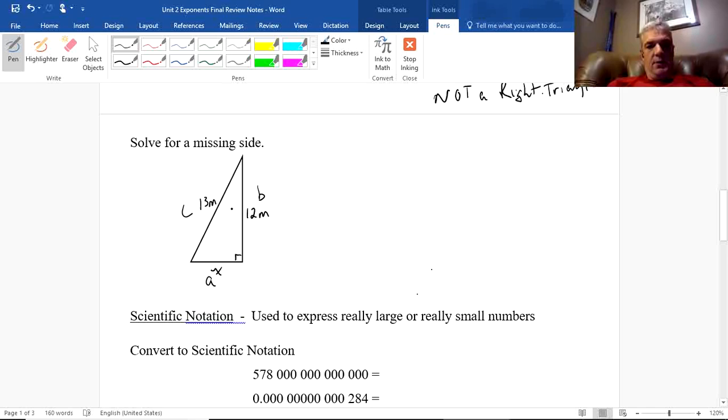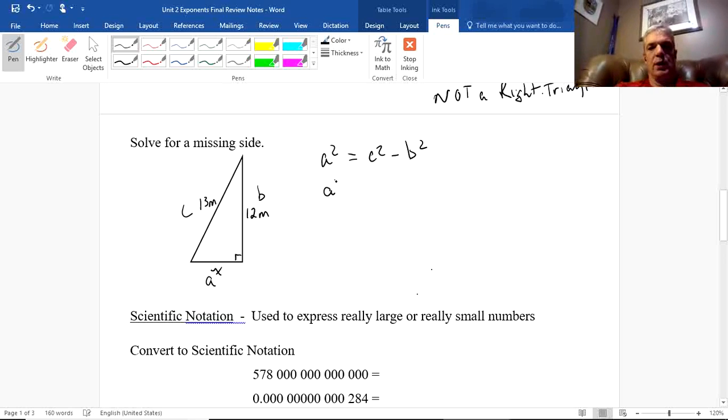And so a squared equals c squared minus b squared in this particular case. So a squared equals 13 squared minus 12 squared. And I believe that works out to a squared equals 25.